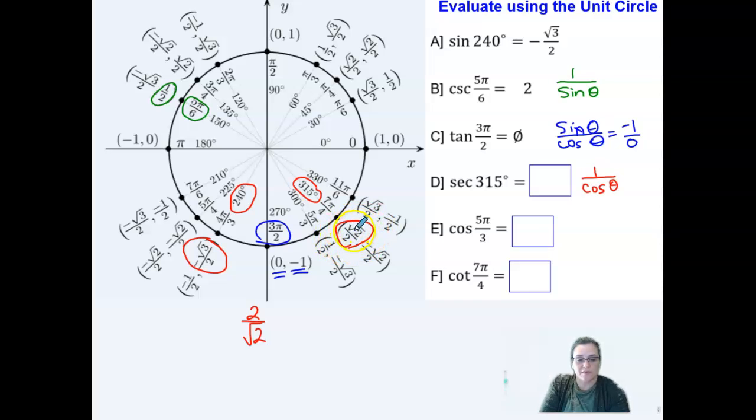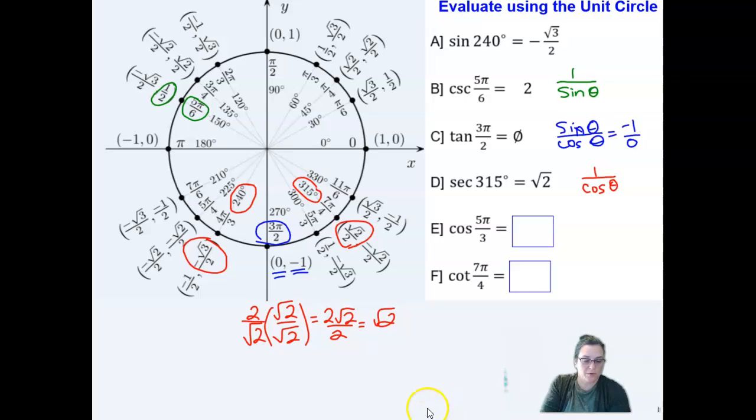The reciprocal of square root of 2 over 2 is 2 over square root of 2. Then we have to rationalize that denominator. To simplify, we have 2 square root of 2 over 2, and then those 2's cancel, leaving just the square root of 2. So the secant of 315 degrees is equal to the square root of 2.